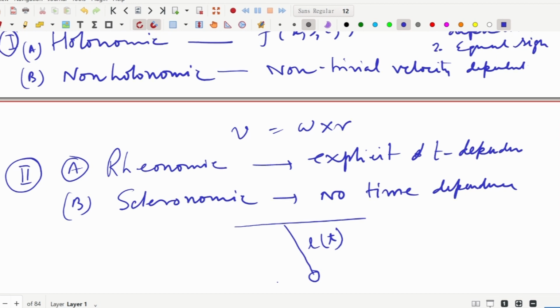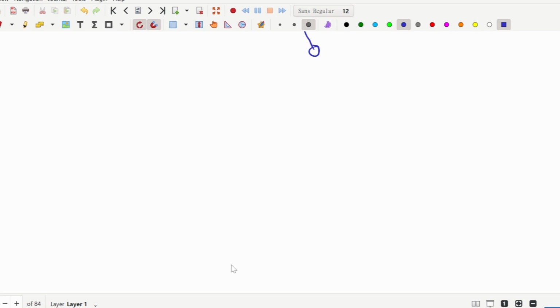Then next we consider another category. The third classification is conservative and non-conservative.